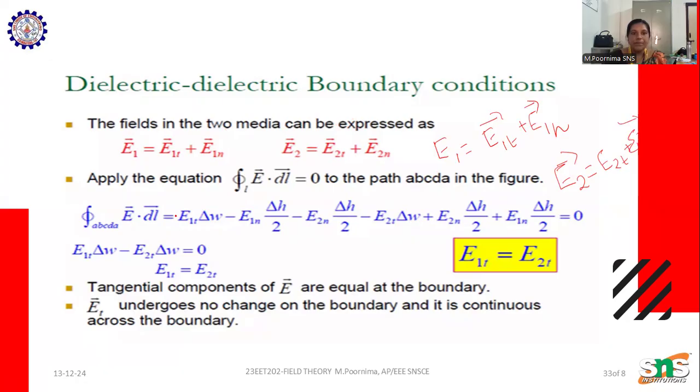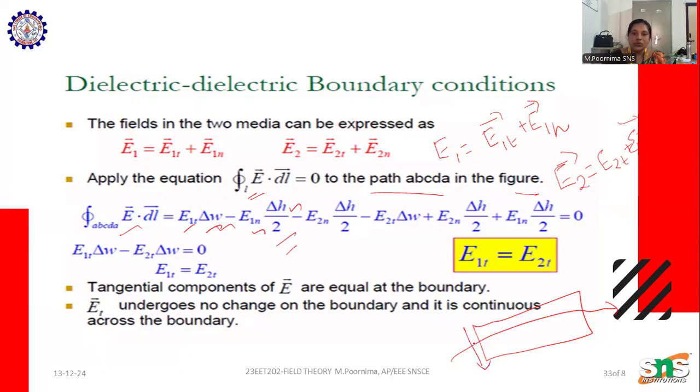Here, applying the line integral on a closed path ABCD, we get E into del w and En into height divided by 2. Why are we making h divided by 2?